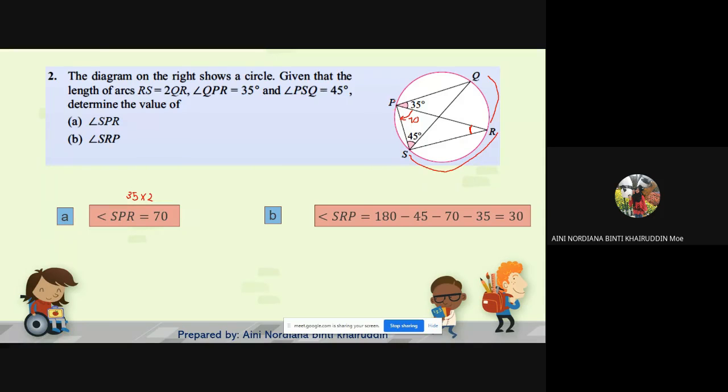Okay, I use this triangle PSR. So here 70, here 45. This angle is 35. So 180 minus 70 minus 45 minus 35. Then you get this angle.